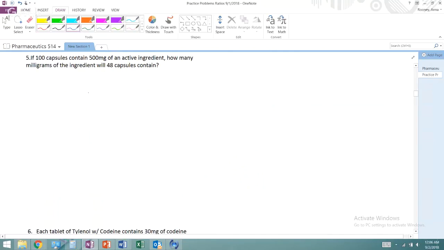All right, if 100 caps, which is probably not the medical abbreviation, contain 500 milligrams of an active ingredient, how many milligrams of the ingredient will 48 capsules contain? Okay.